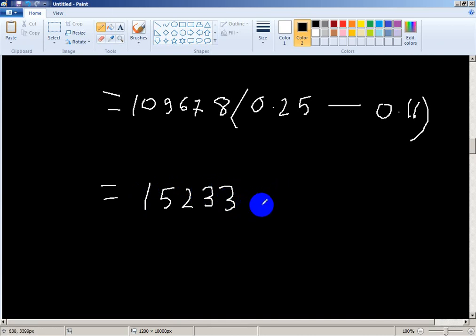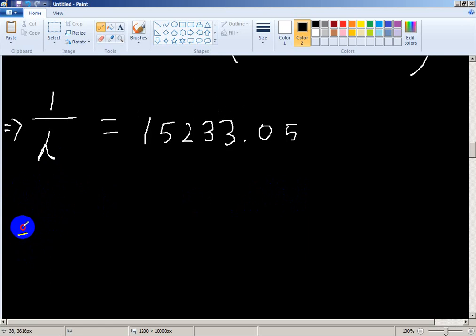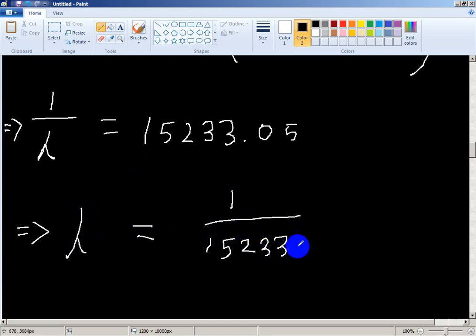Okay, so 1 by lambda equal to this value found. So what will lambda equal to? Lambda equal to 1 divided by 15233.05.